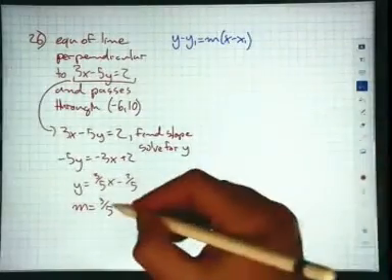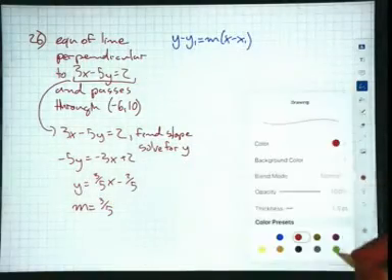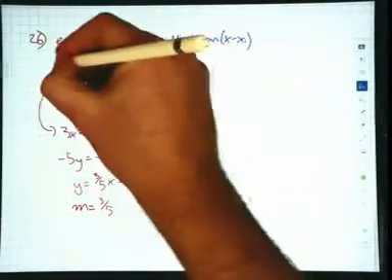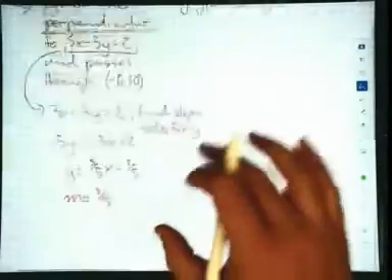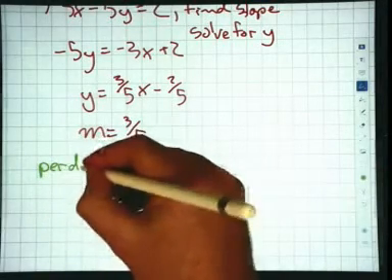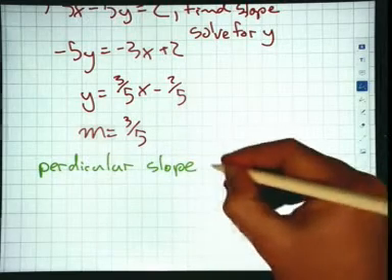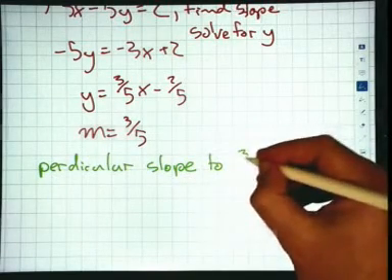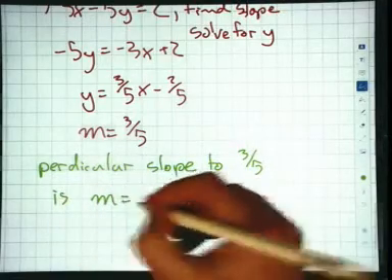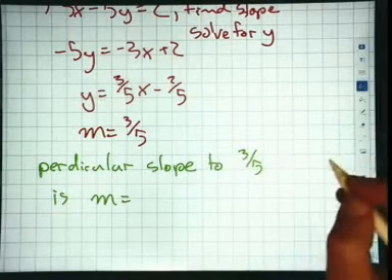Okay? Now that's the slope of this line, but we want the perpendicular slope. So the perpendicular slope to 3/5 is m is going to be equal to, perpendicular means to do a negative flip.